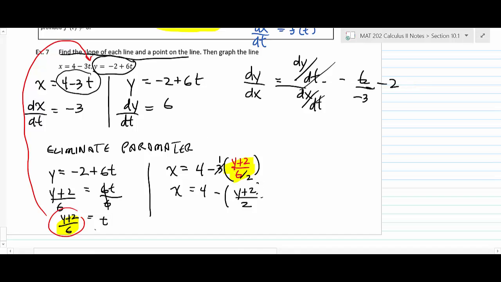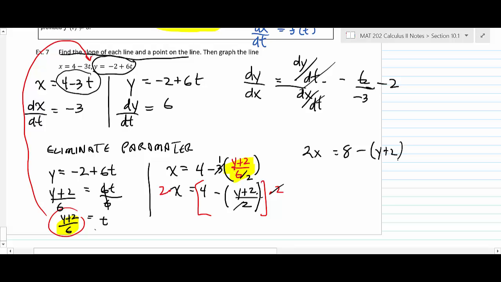So I'm just going to multiply both sides by 2 right now, to get rid of that fraction. Okay, if I do this, I'm going to have 2x here. That's going to be 4 times 2 or 8, and then this is going to be parentheses y plus 2. So just some basic algebra solving for y.